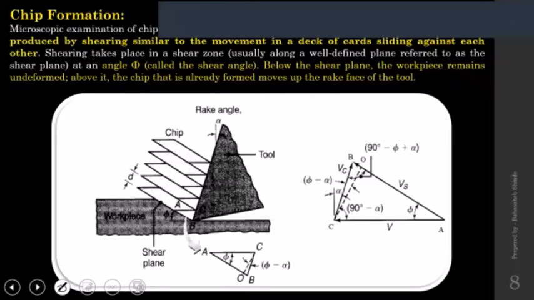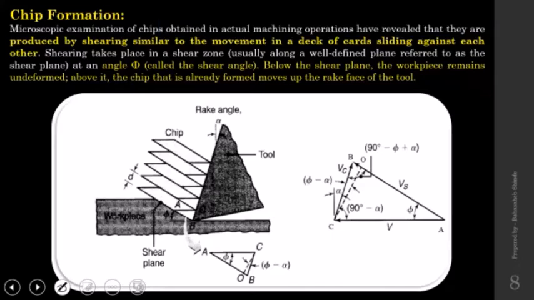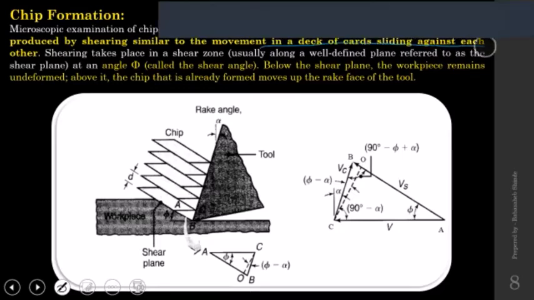Okay. Next, chip formation mechanism. How exactly a chip forms and how exactly the material is removed. Now, while studying the chip formation mechanism, this chip formation is compared to the movement in a deck of cards sliding against each other.